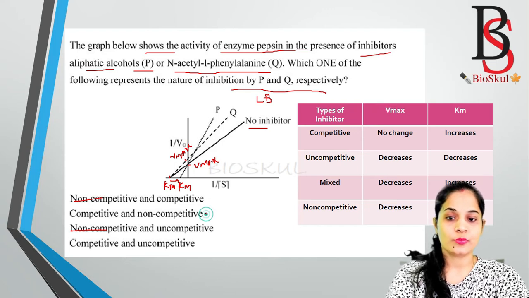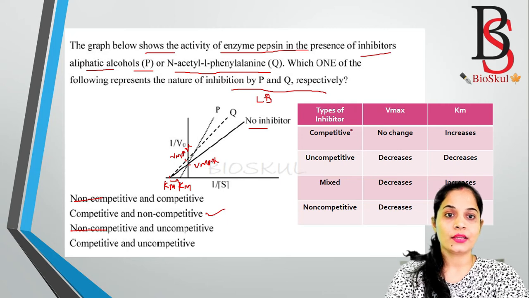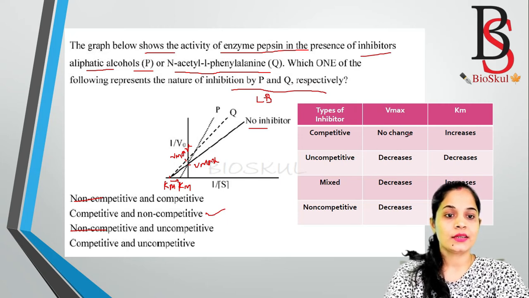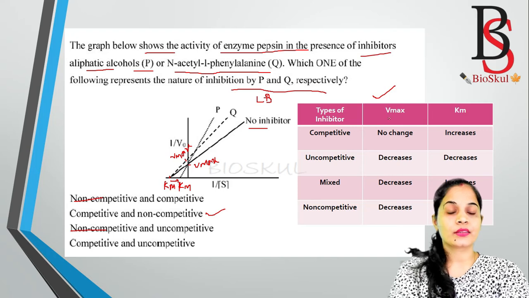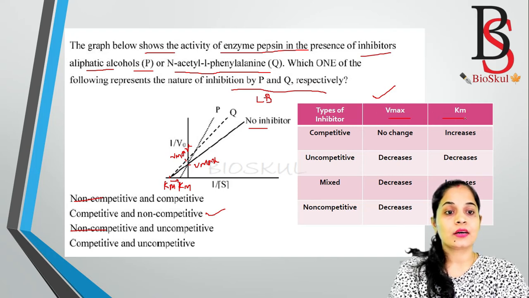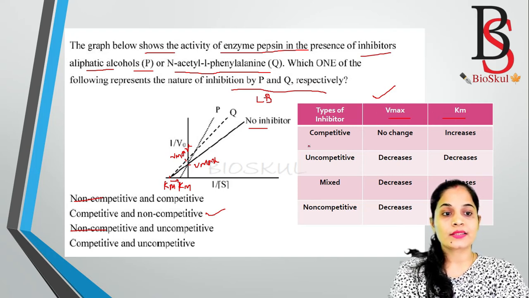So the correct answer will be competitive and non-competitive for P and Q respectively. Okay, this is the chart. Here it represents the different conditions of Vmax and Km for each type of inhibitor.